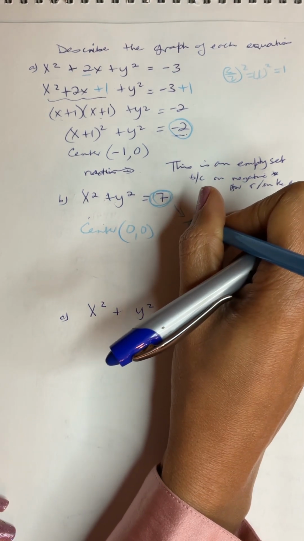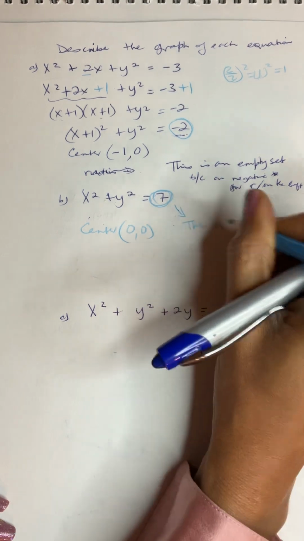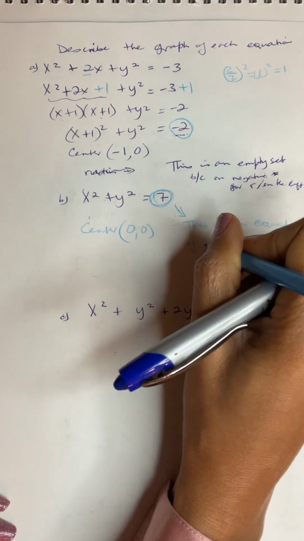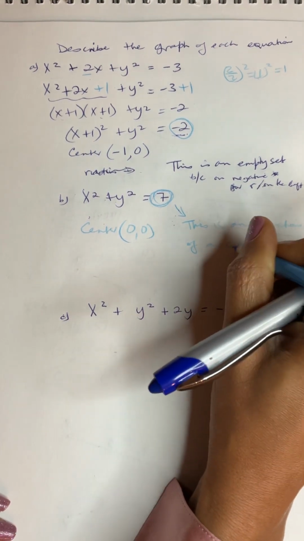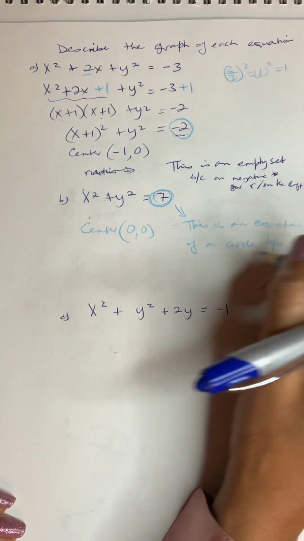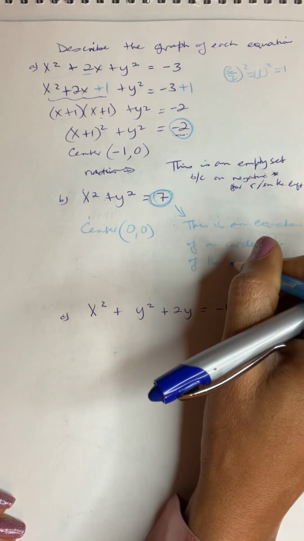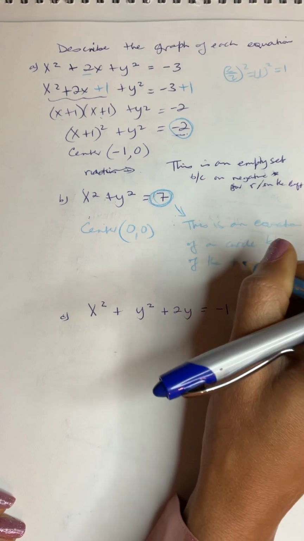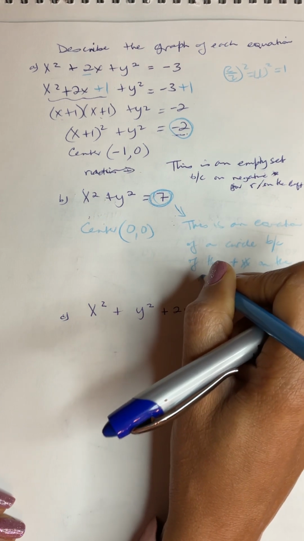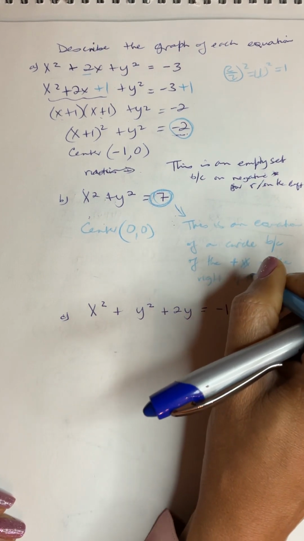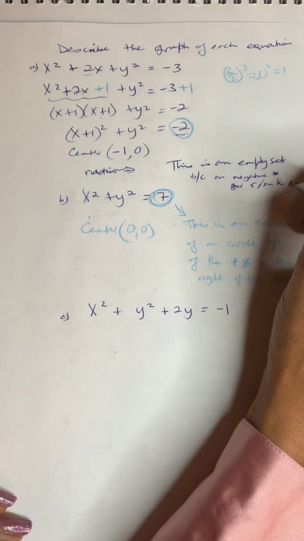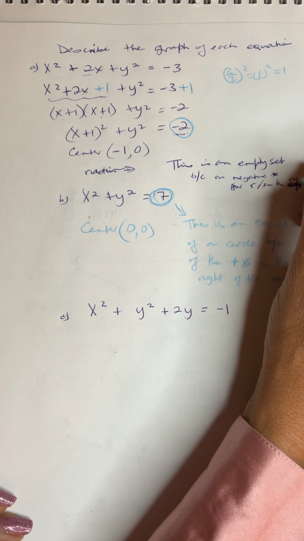This is an equation of a circle because you have a positive number on the right of the equation. Here I put left. No, this is supposed to be the right, on the right.